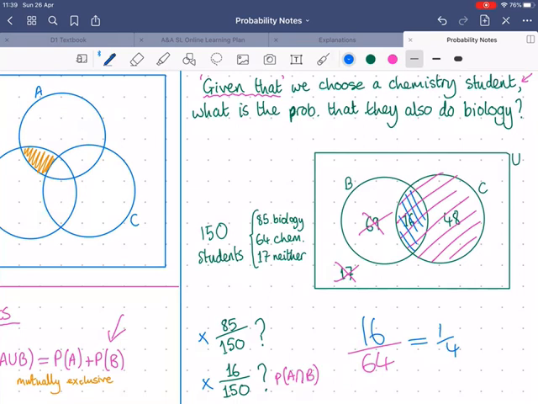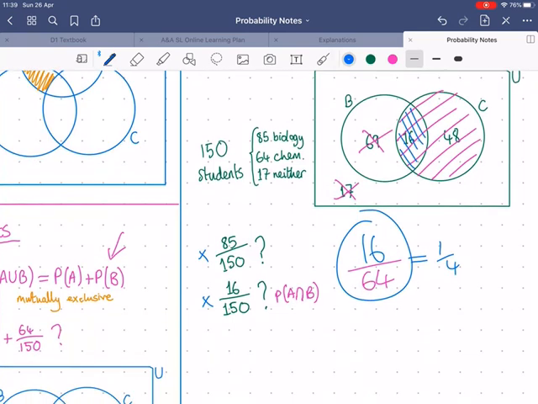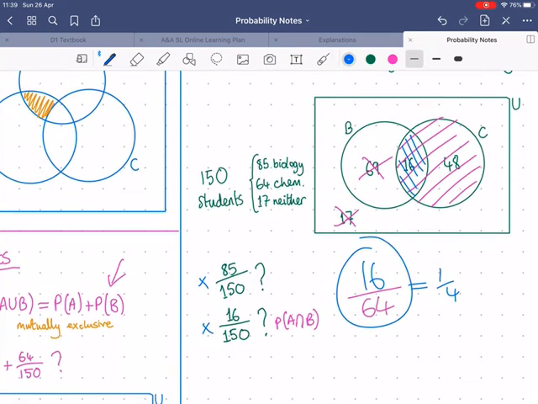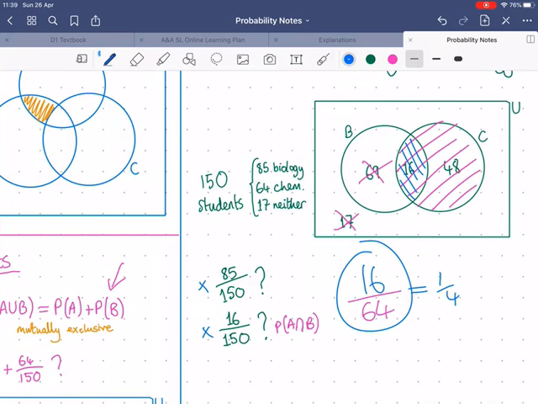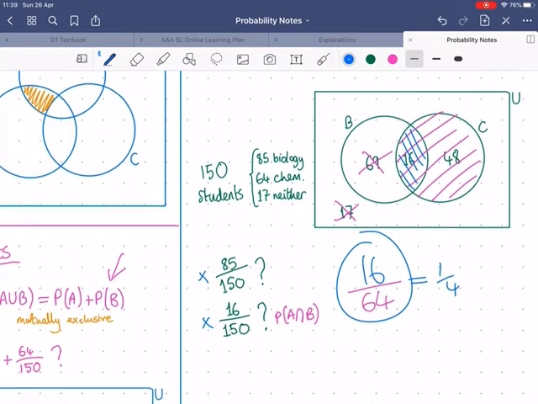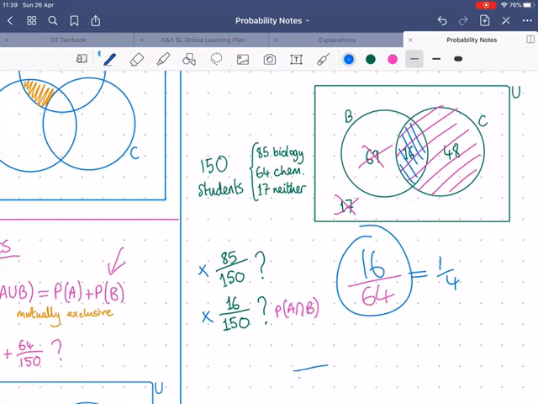Okay, so is there a formula that will sum up why we said 16 out of 64? Well, yes. Okay, so remember that we went away from doing it over 150, which is what you do with this basic formula that we learned at the start of probability.